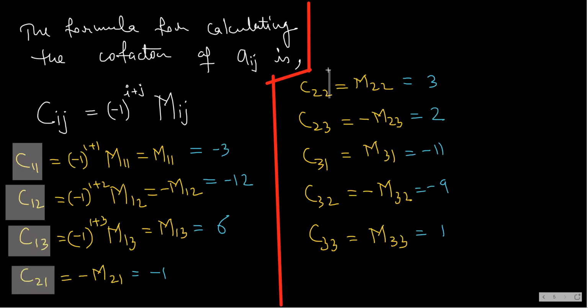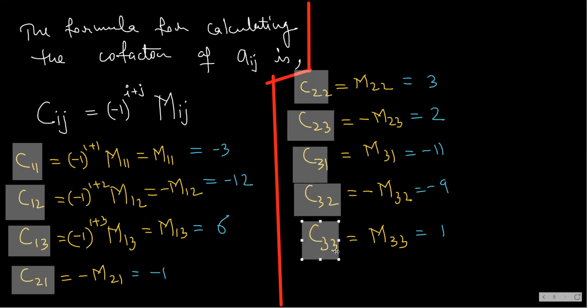Students, just one more step and you have the adjoint of the matrix. See what I had said, to get the adjoint of a matrix, you have to get the minor of all the elements and the cofactor of all the elements. Now one more step and you are done with the adjoint.